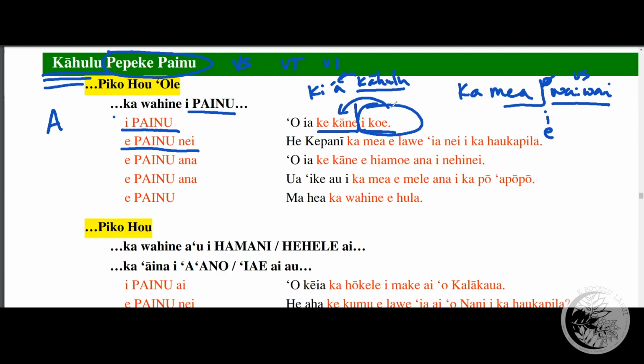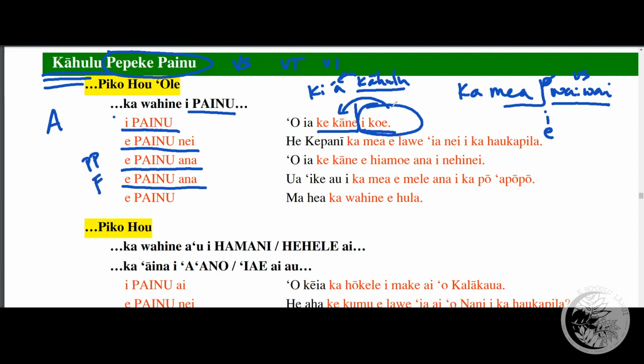Eana, again, just like the eana, we notice we have two here, and that's for us to remember to think of eana as what we call in progress. So whether it's something in the past progressive, in the past in progress, that was occurring, or in the future in progress.